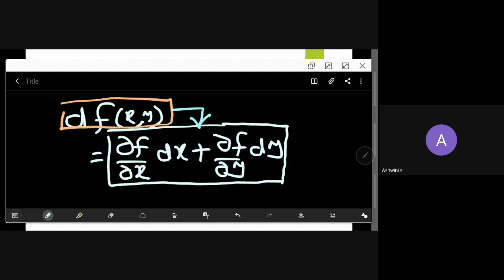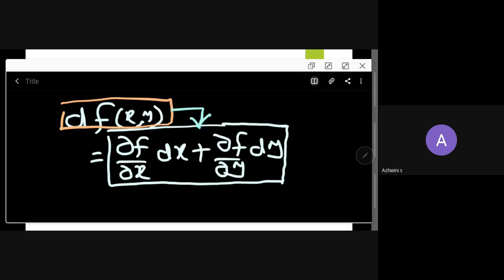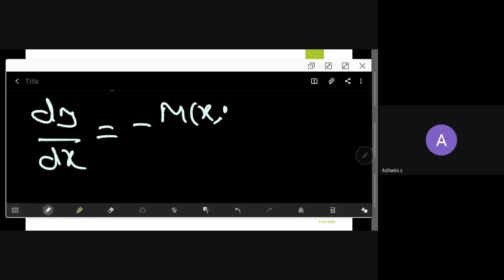So now see what is happening. If we go for an equation now, if it appears like this, dy/dx is equal to minus M(x,y) by N(x,y).